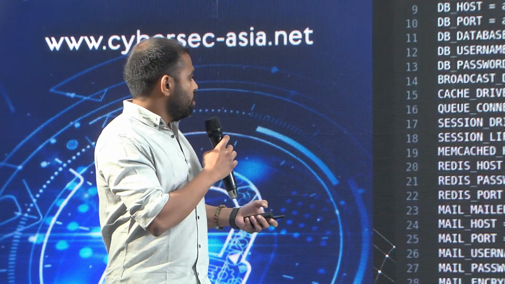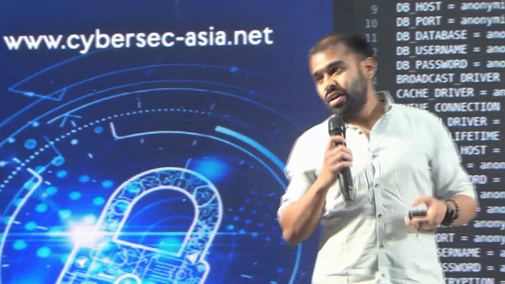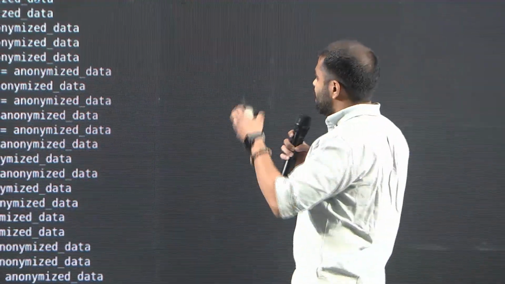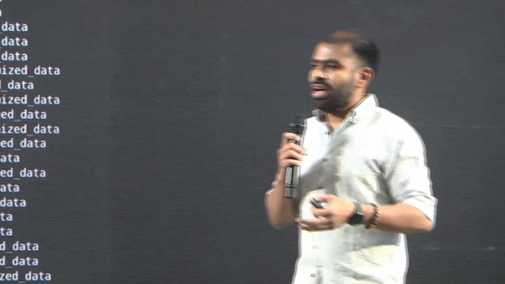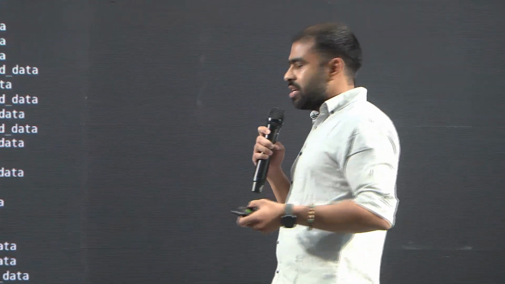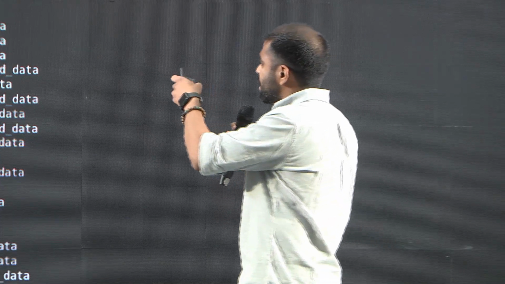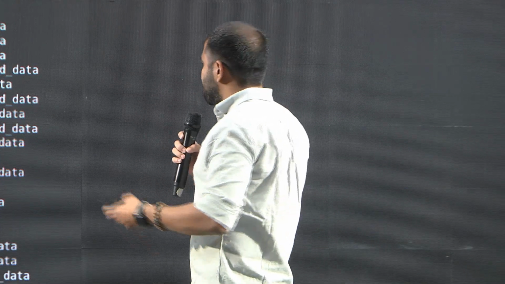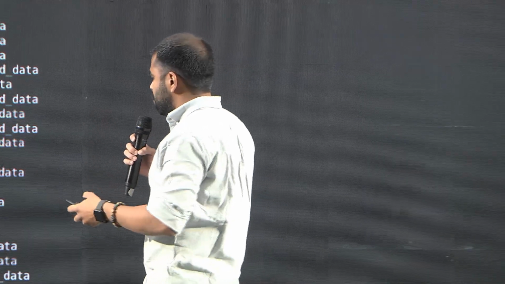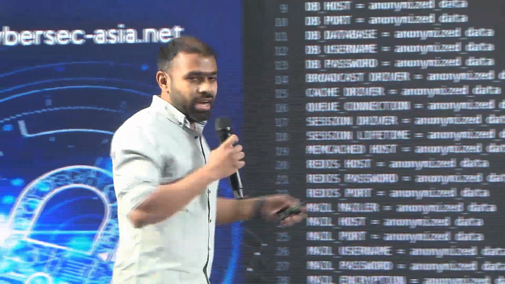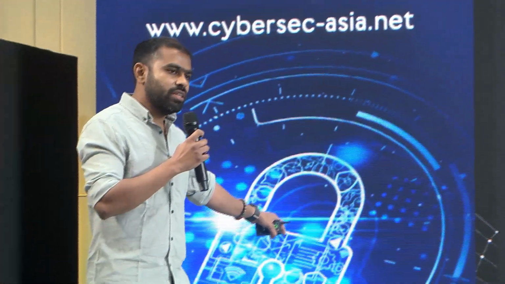Now, moving on to assessing the impact of the leak, we see here from some of the data that was retrieved as part of the reverse engineering attempt some important parameters, like the database names, database users, database passwords, along with the mail credentials, and also AWS access key IDs.